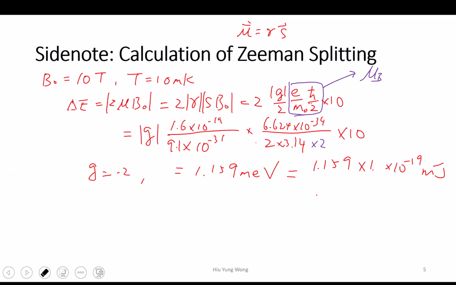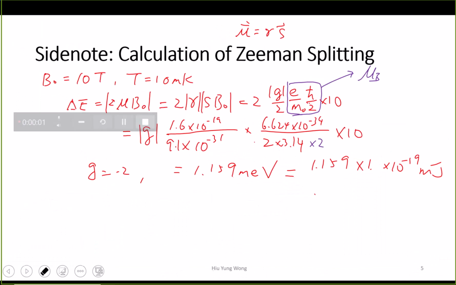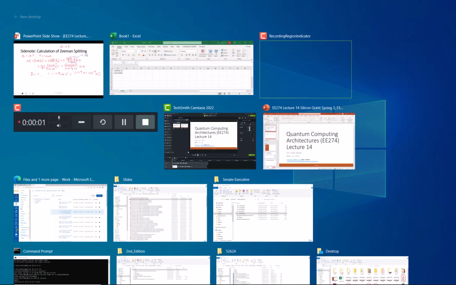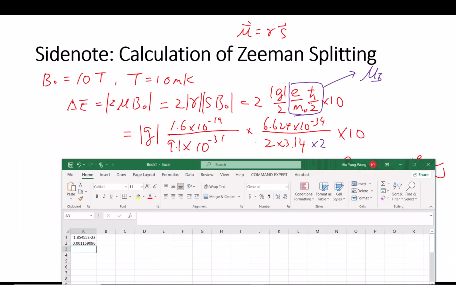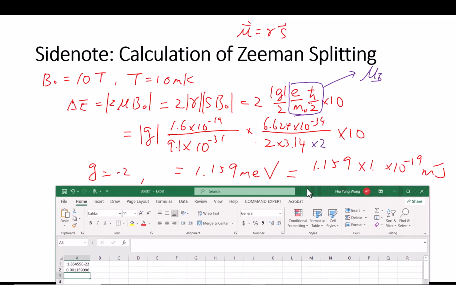So the answer is in joules. If you divide by the electron charge, you get electron volts. And that's why I got 1.159 meV. My cheat sheet is just missing this 2, but if I put in 2, I get the right number.